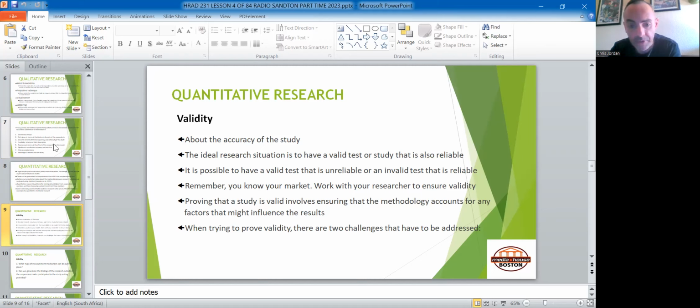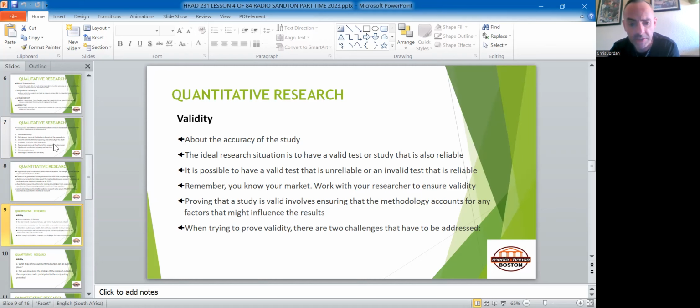Remember, you know your market, so work with your researchers. It's possible to have an invalid test that is reliable, which is what I just explained. To know your market is to accumulate or create the correct type of questions that are valid for the end game of your research.